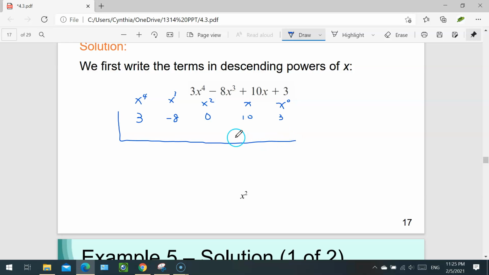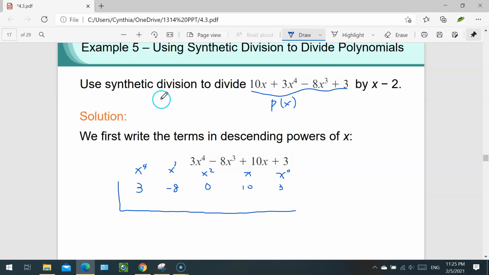You might see another way they structure the pattern of the synthetic division, but they should have a very similar way to solve it, okay? But this is the way I do the work. The divisor for this question in factor form is x minus 2.